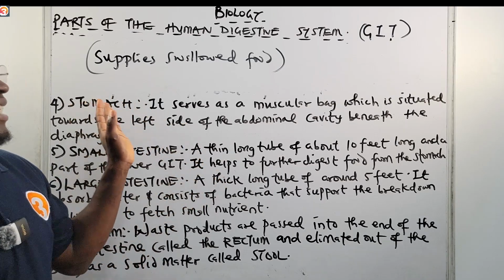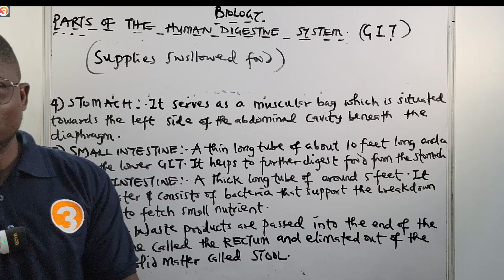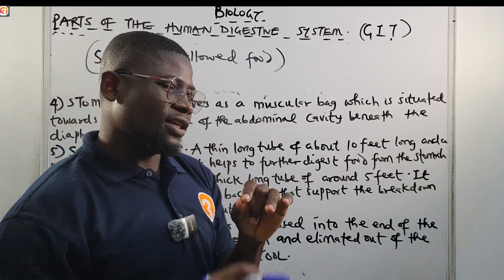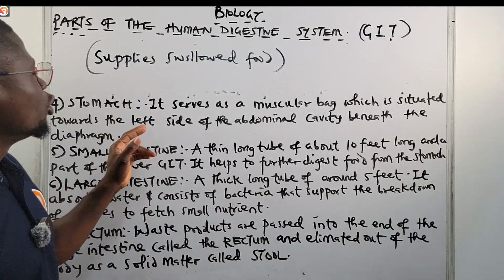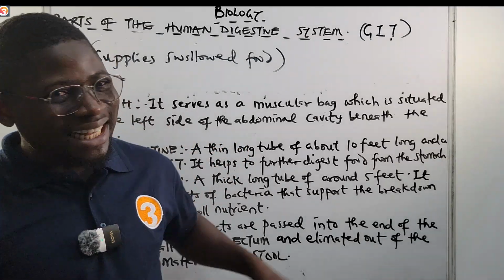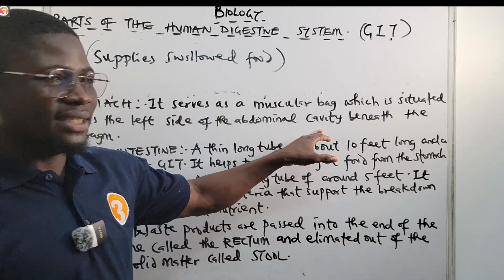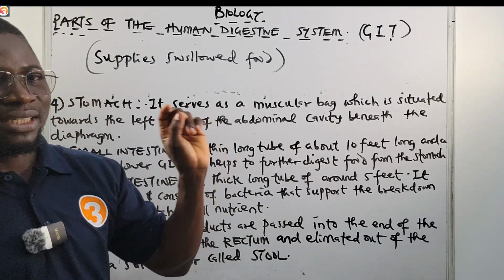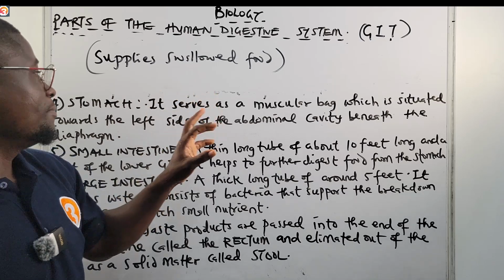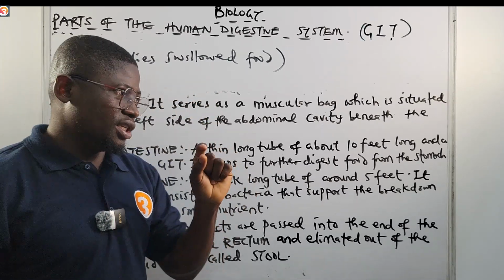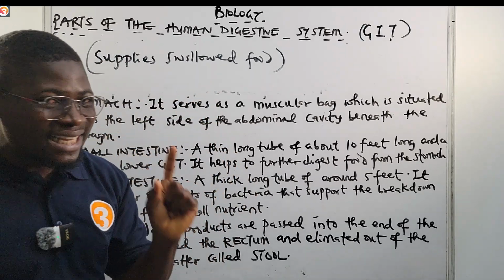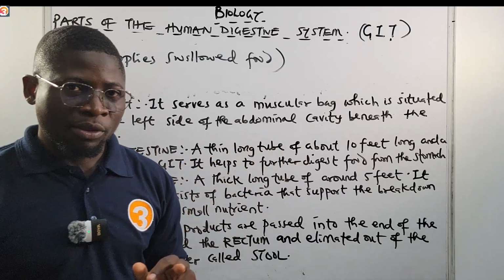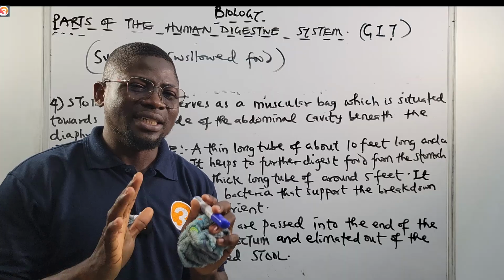The stomach is now the fourth part we are considering, and we said the stomach serves as a muscular bag. It's a muscular bag situated towards the left side of the abdominal cavity, beneath the diaphragm. And what is the function of the stomach?